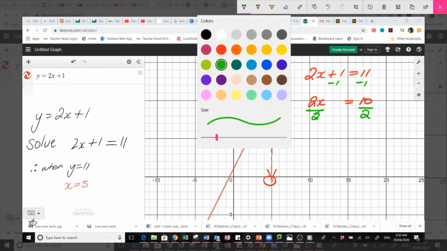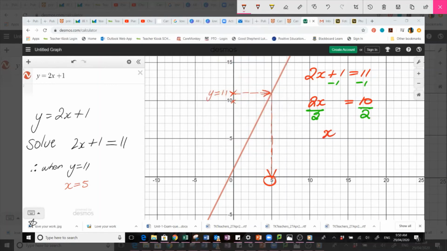And we get left with x is equal to 5. So we can show the solution both algebraically and graphically. As we go further in the course and we learn how to sketch linear equations, you'll be able to combine both of these methods together.